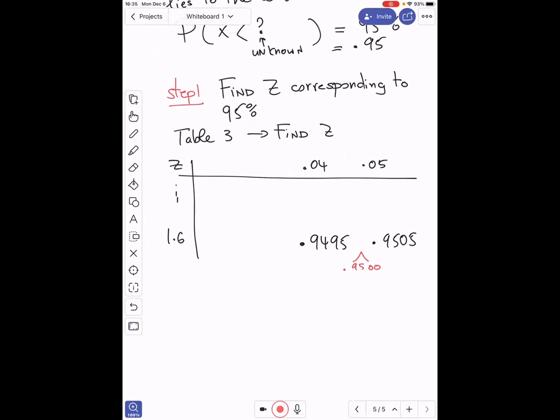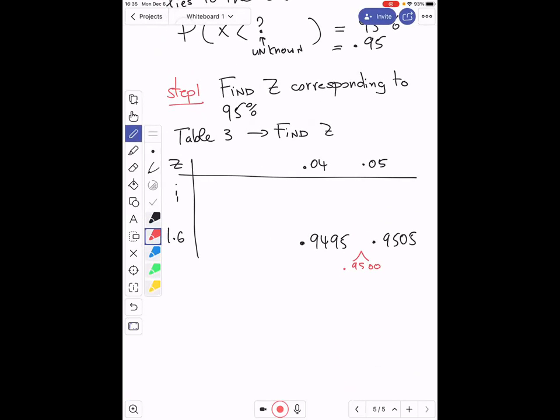So we need the Z. Yes, please. I have a question, please. Sure. We're looking for 1.6 or for 95? We are looking for 0.95. Yes, 95%.